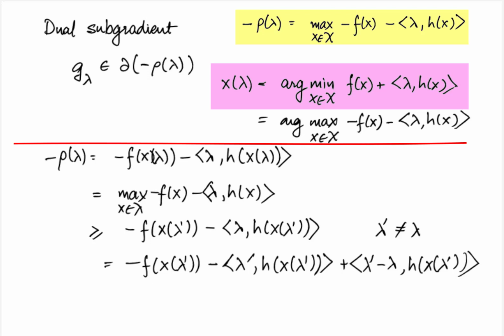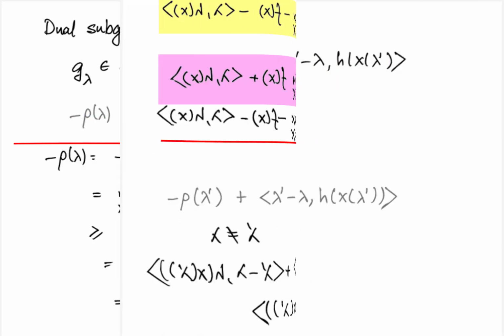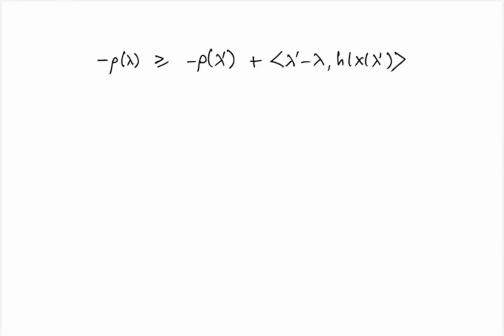So here the first two terms are nothing but the dual function that we had evaluated earlier. So the first two terms are minus rho of lambda prime plus lambda prime minus lambda inner product with h of x of lambda prime. So far we have obtained this inequality.